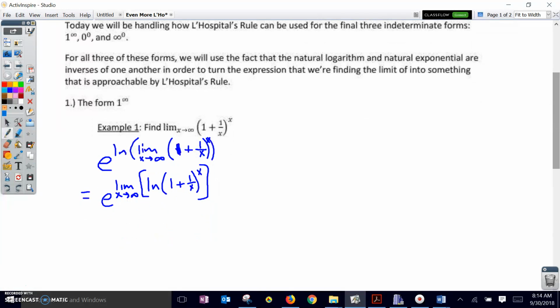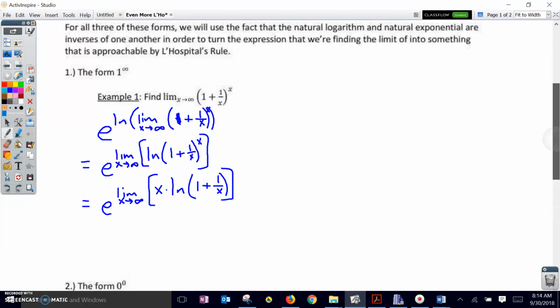Alright, and now since I have this natural logarithm, I can apply natural logarithm properties inside of my logarithm. And this turns into the limit of x times the natural log of 1 plus 1 over x. And now what's inside of my limit is something of the form infinity times 0.